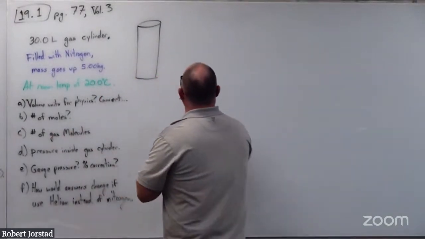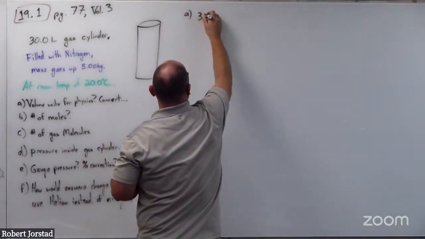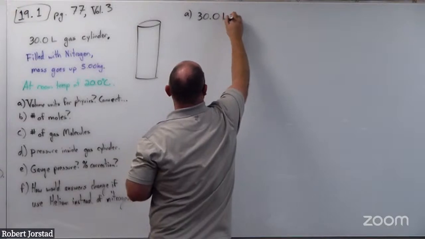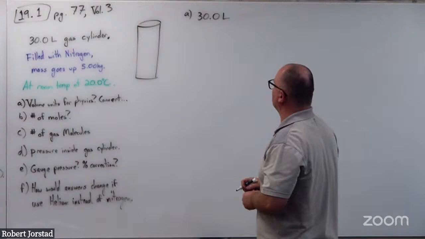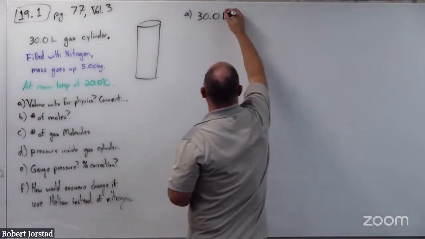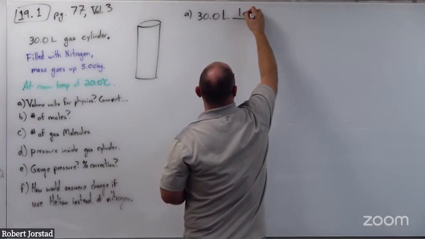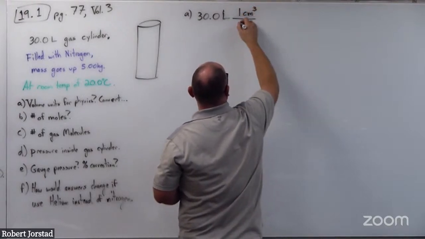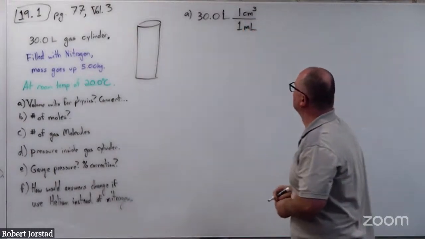So for part A, what do we have? We have 30.0 liters. Now you could use a Google converter for this, and in the real world you probably would. But just in case, let's figure this out. I know that 1 centimeter cubed is 1 milliliter. All right.